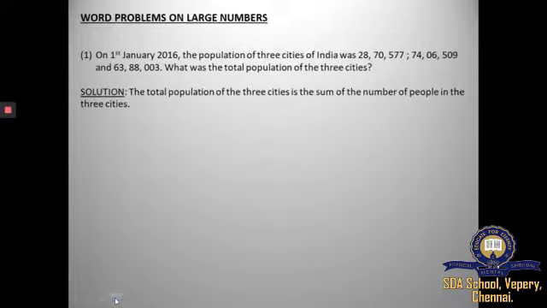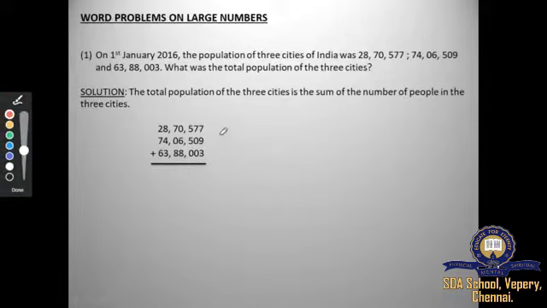The total population of the 3 cities is the sum of the number of people in the 3 cities. So we have to add all the given numbers. The first number is 28,70,577. The second number is 74,06,509 and 63,88,003. So we have to add.